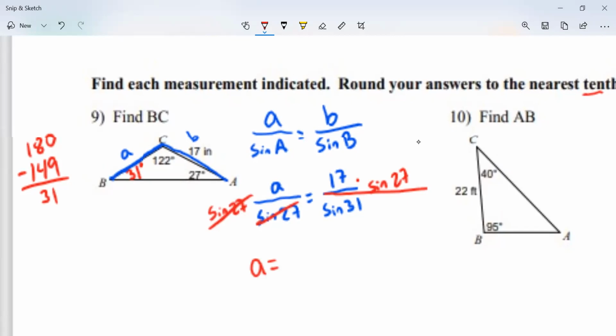Good thing we have a calculator. We're going to type that in. I'm going to show you guys how to do it using the calculator from Canvas. I encourage you guys to use that calculator. You can use your own. If you have a TI-30X, you type it in very similar to how you type it in the calculator from Canvas.